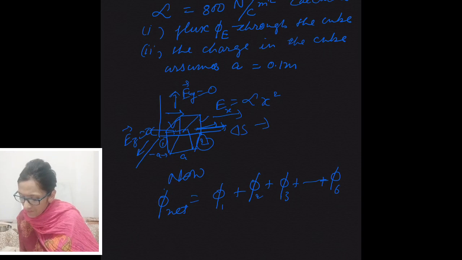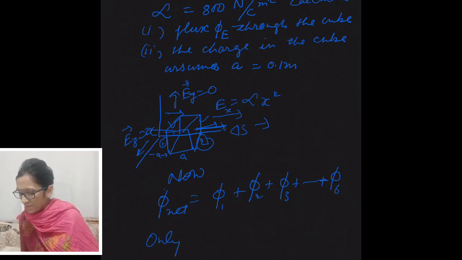So if we take this as one surface and this as the other surface, 2 surfaces, then the flux for the rest of the surfaces will be 0.